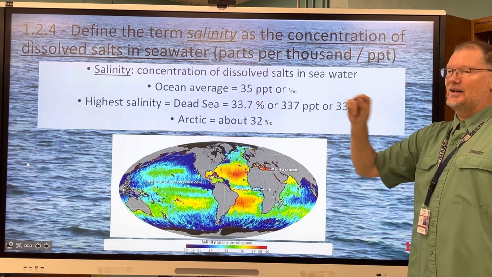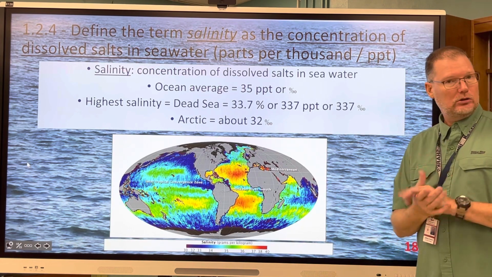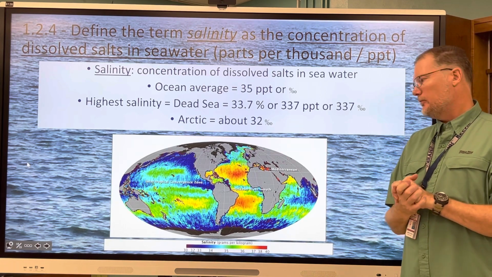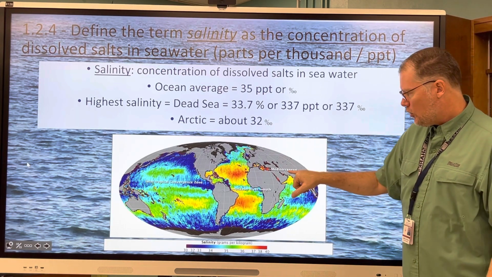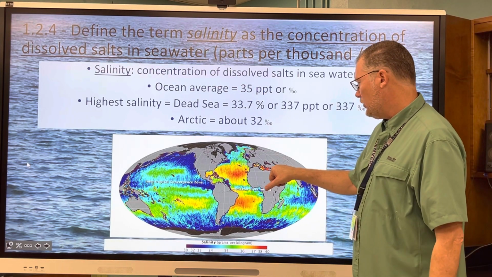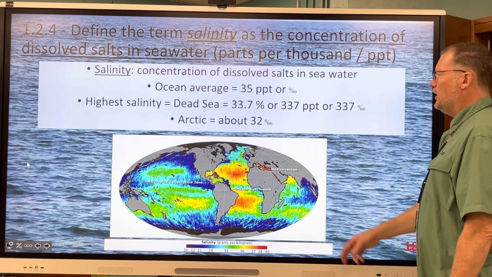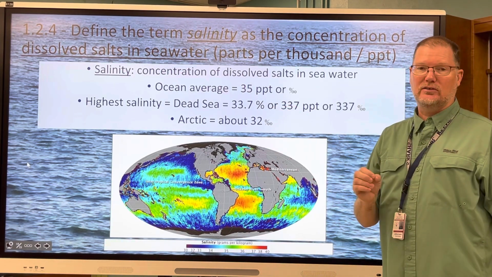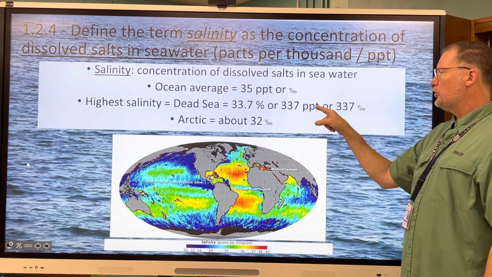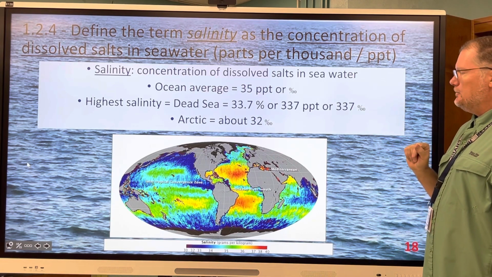The highest salinity, question on your notes, the highest salinity in the world of any natural body of water, is the Dead Sea. Over there somewhere. You can't see it. It's behind the M in Mediterranean, right? At 33.7% salinity, or that's 337 parts per thousand, or written this way, okay?